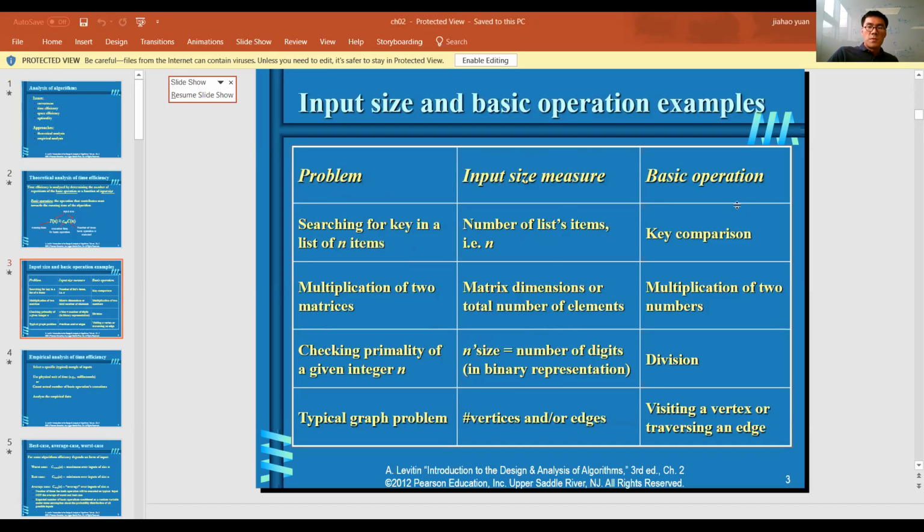And then what is the basic operation? The basic operation would be the key comparison. By the way, the basic operation normally could only be plus, minus, multiply, division, and comparison. I'm not sure if there are any other things, but basically that's what you will see.